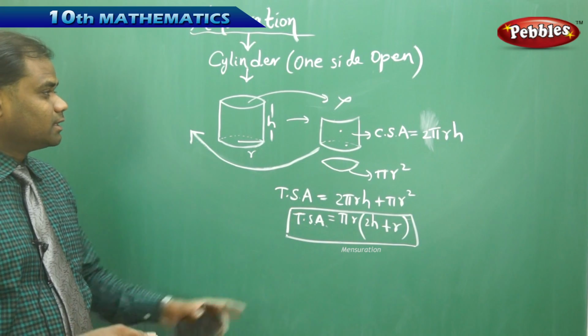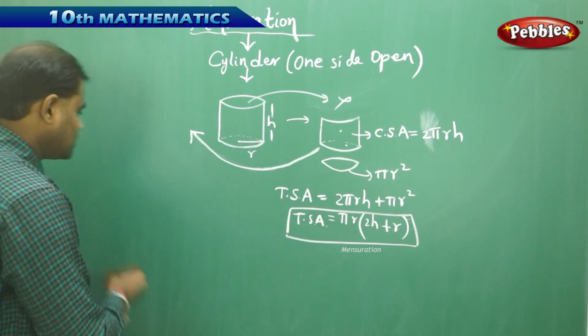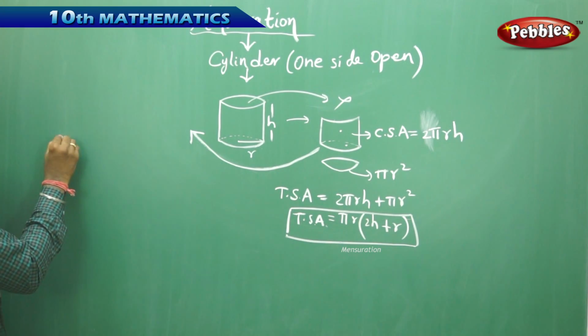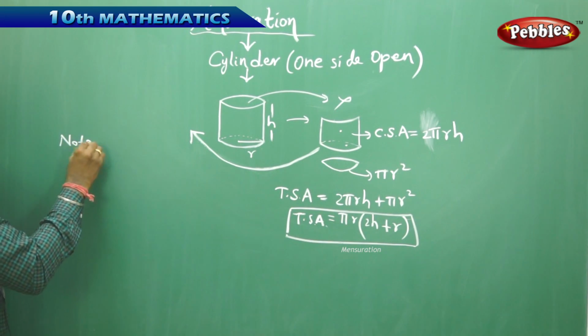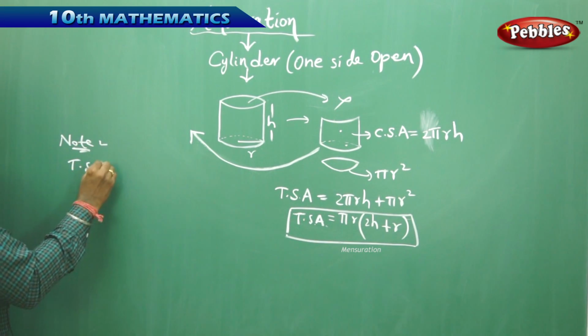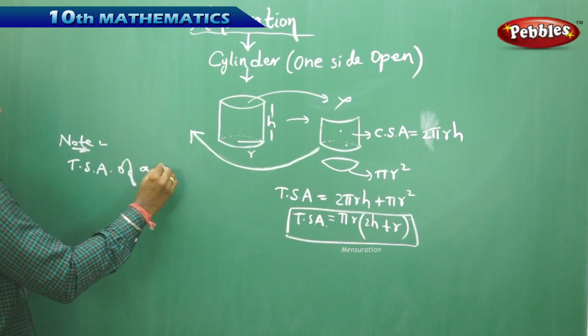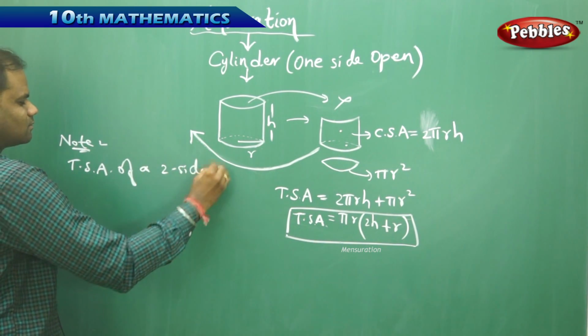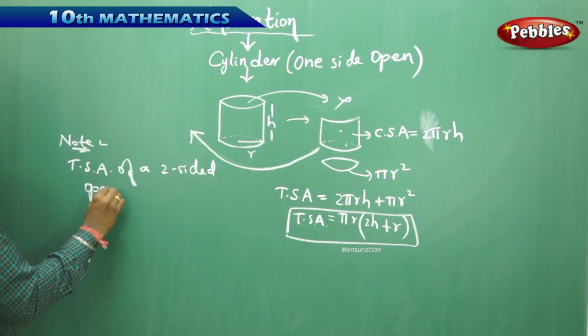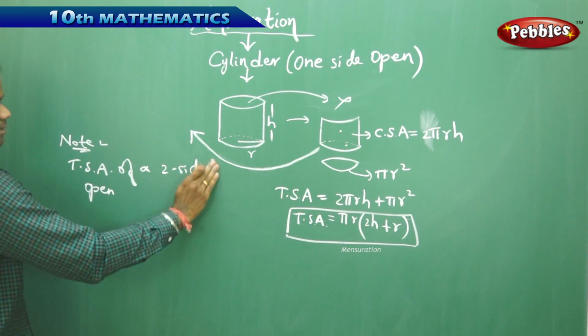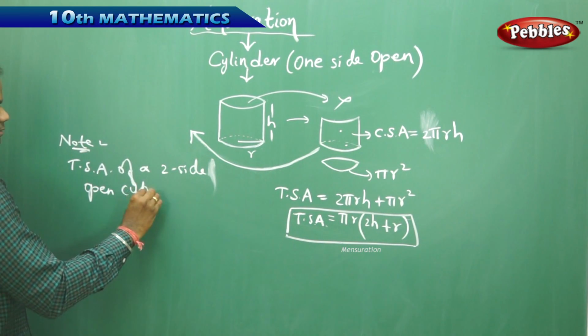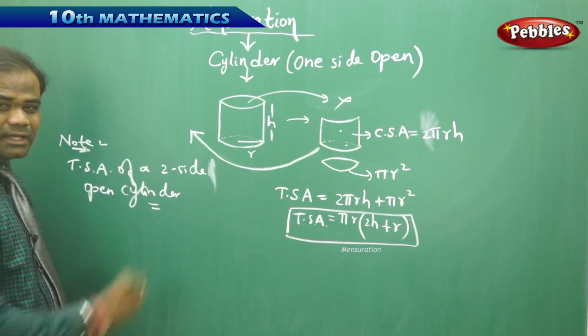So now with this, we can imagine how the two-sided open cylinder will have its TSA. So note, the total surface area of a two-sided open cylinder would be, can you guess?